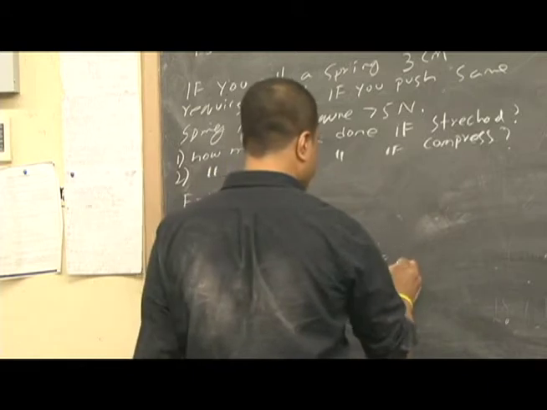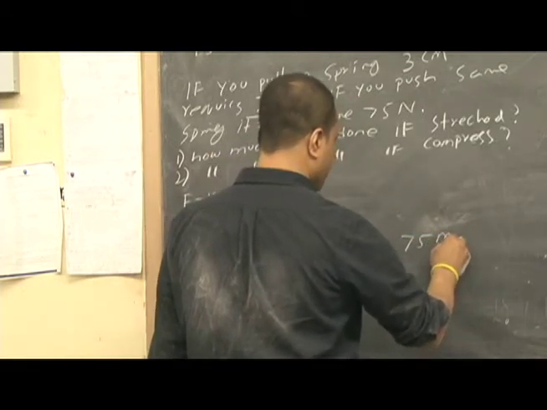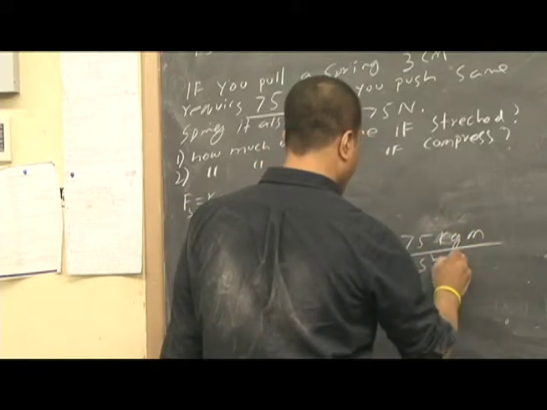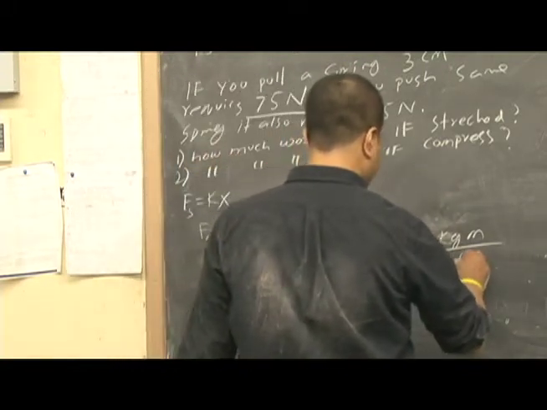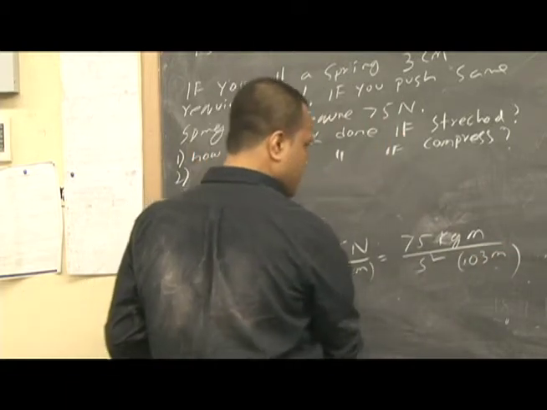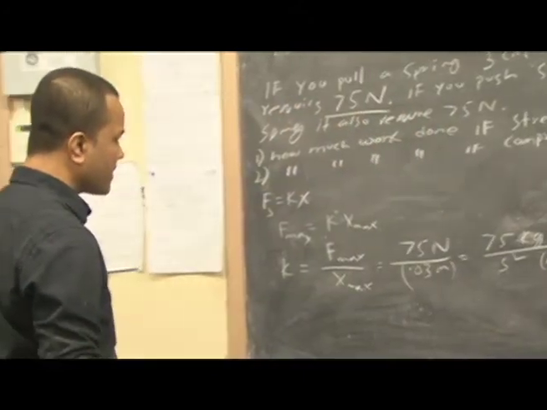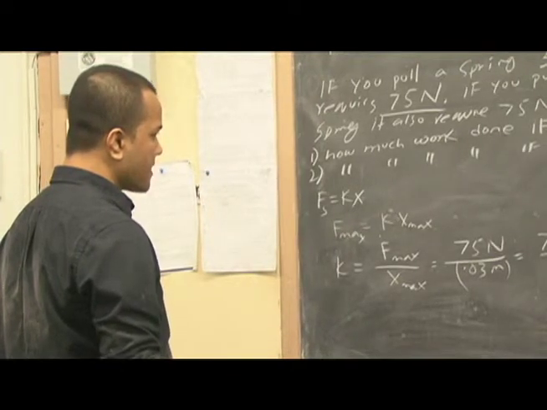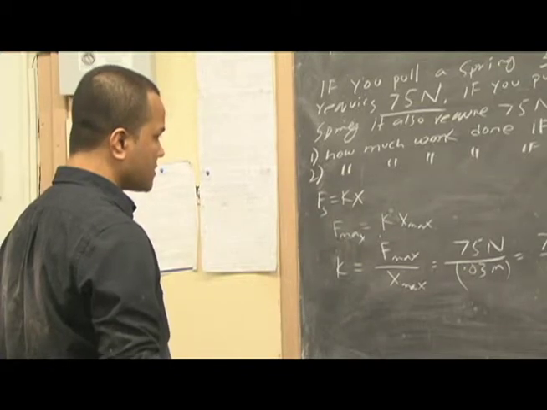So Newton is kg meter per second square, and this is 0.03 meters. Okay, so meter cancels, what are we going to be left with? Kg per second square, and that's right.